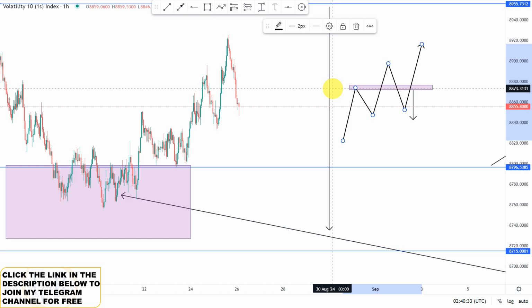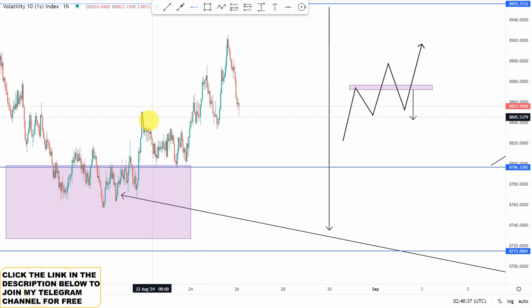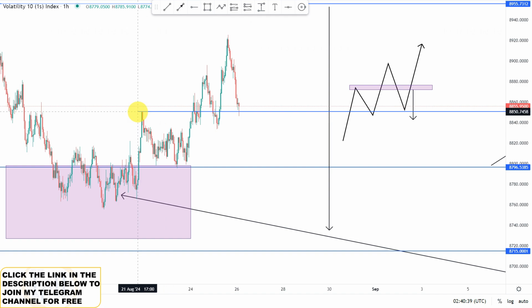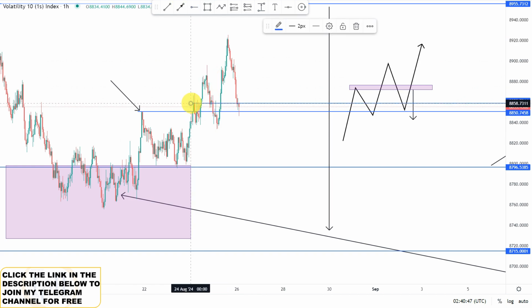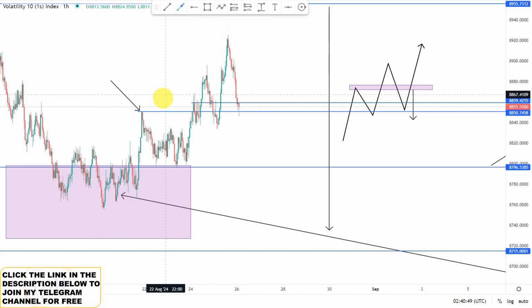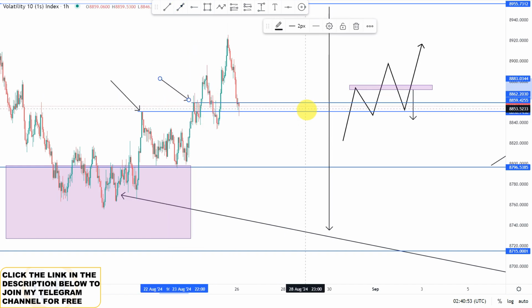All right, now as this market was moving, we said, okay, here is a breakout. Here is our first breakout right here. Then the market formed another breakout right here. So we said, as this market is supposed to move, providing us with a series of higher highs and higher lows, where exactly will we enter this trade?